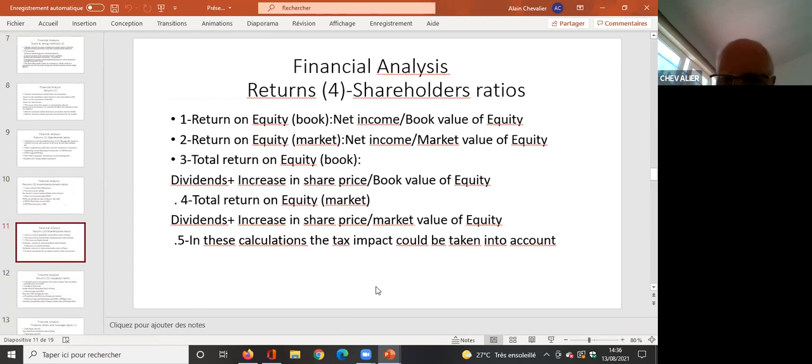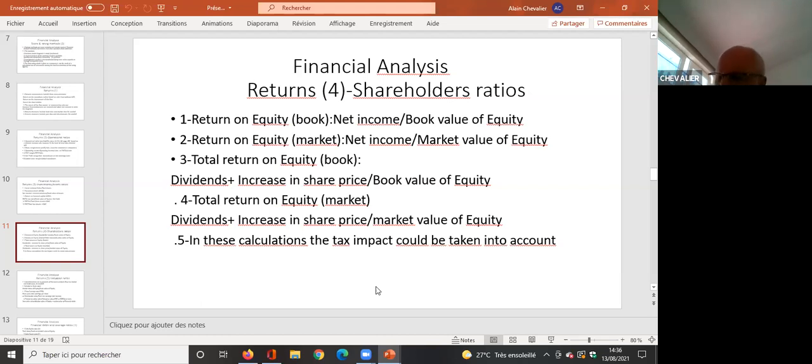Now we have a problem of shareholders, and we have really two different ways to analyze return for shareholders. If you ask a shareholder what he is waiting from you, you have two different speeches.